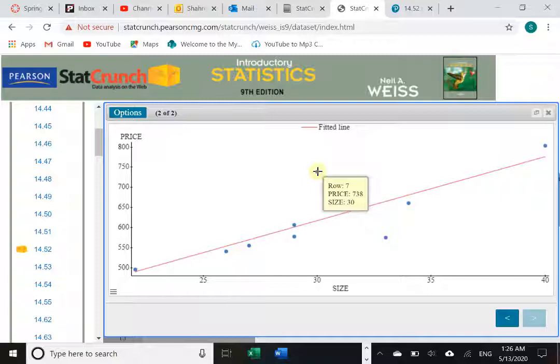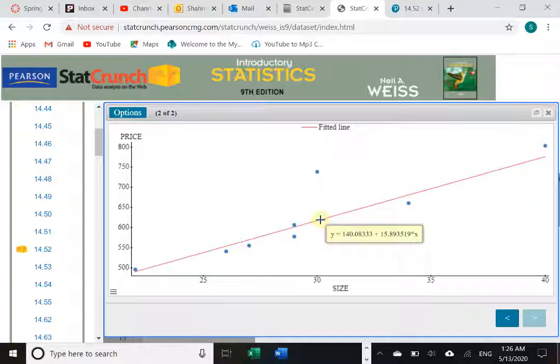Oh, there you go. This is the actual price. This size is 30, meaning 3,000 square feet. The actual price was 738,000. This is cool. I just randomly put 30. So that 600 and change was this number right down here. And if you hold the mouse over the line, it shows you the regression equation.